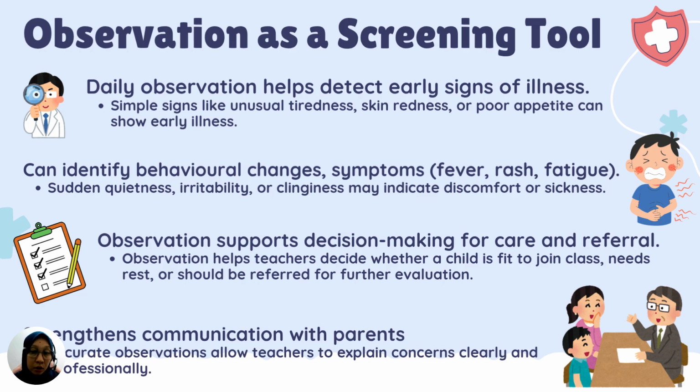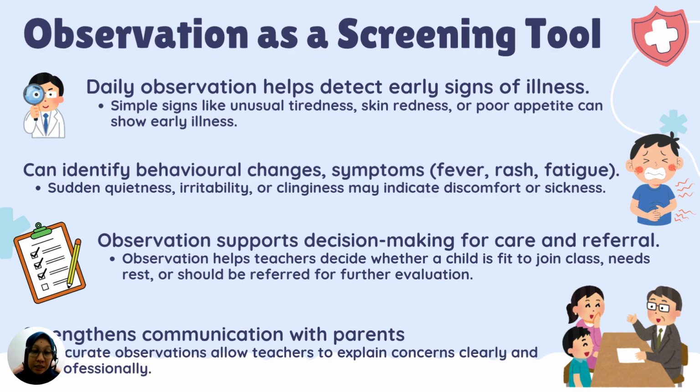But it goes beyond just physical signs. By paying close attention, we can also identify any changes in behavior, whether it's a child suddenly becoming very quiet or showing irritability or becoming unusually clingy.